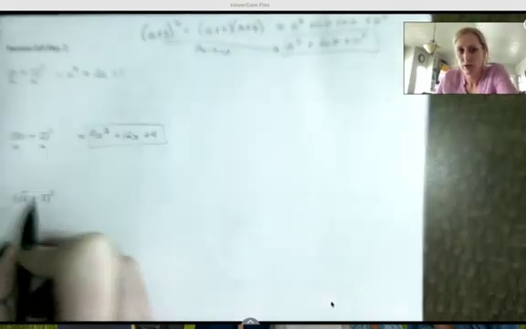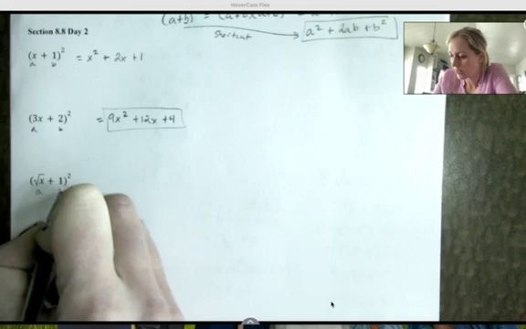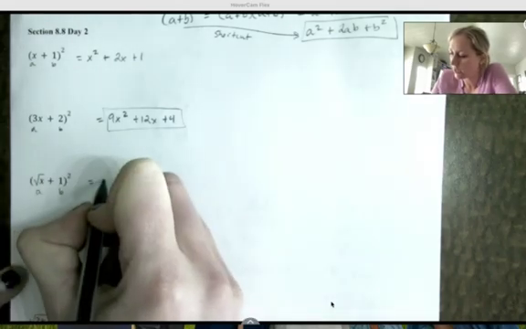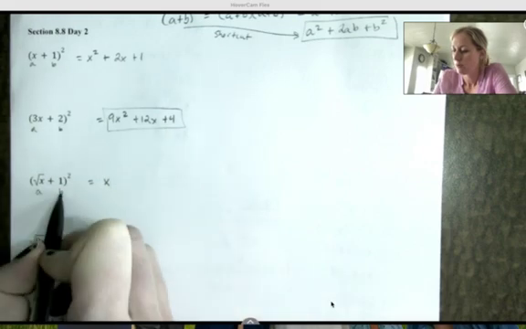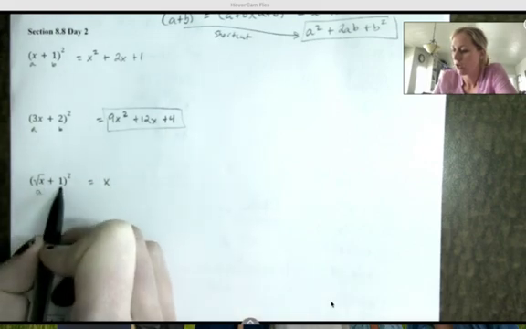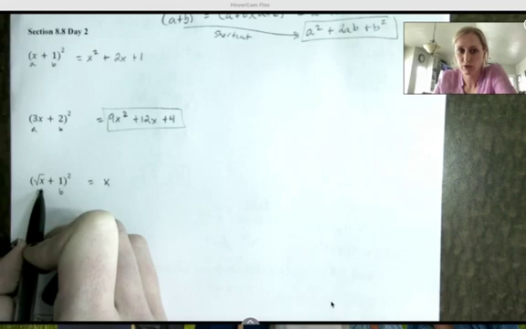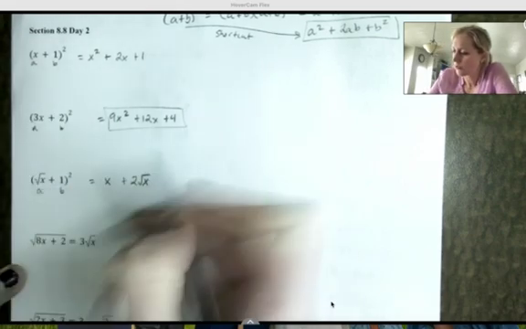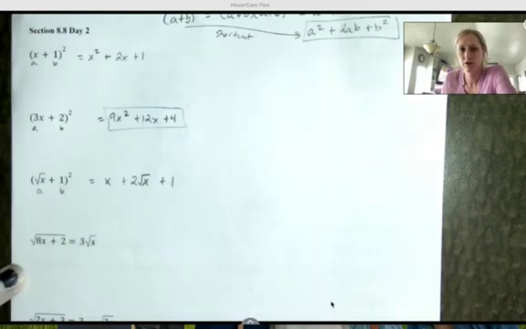This one, again, there's the a and the b. So a squared is going to be x. 2ab is 1 times the square root of x, which is the square root of x. So you have 2 of those. And then 1 squared.